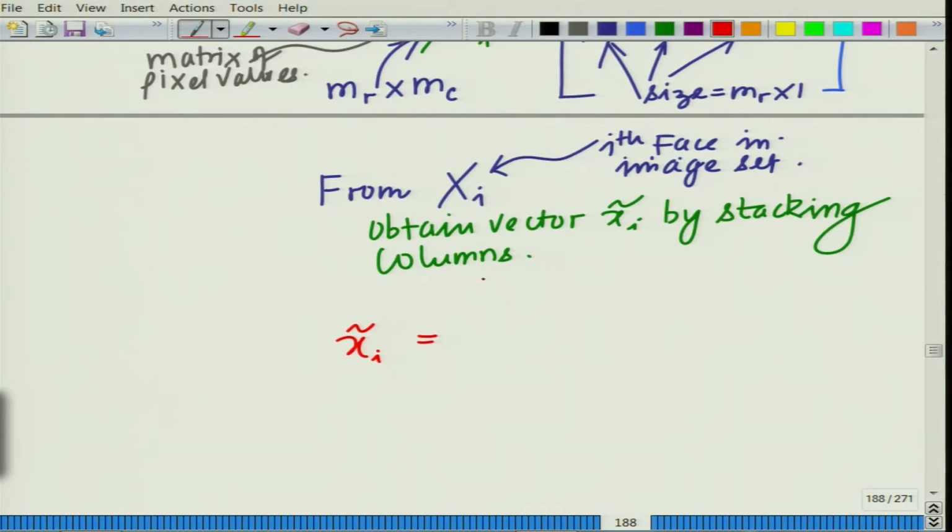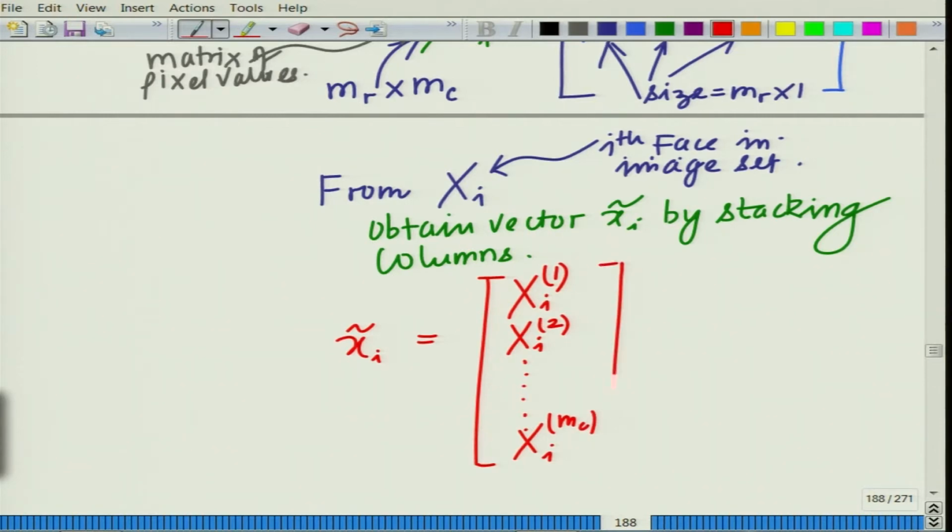You stack the columns of Xi one below the other. So, you have Xi1, Xi2, stack the columns one below the other. You have MC columns, each of size MR cross 1.